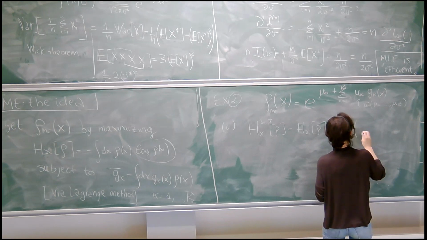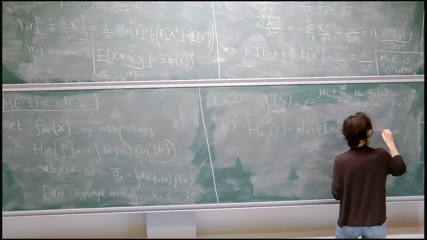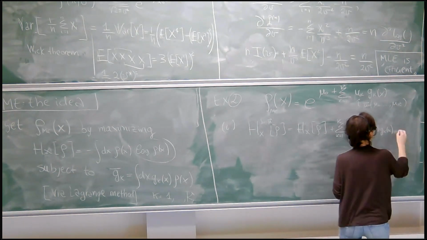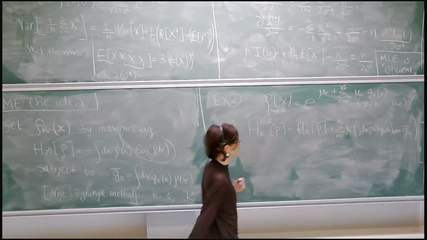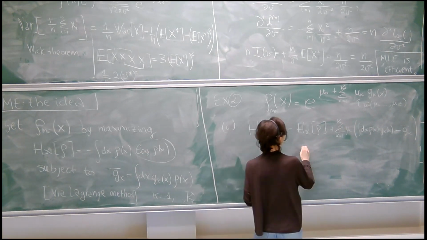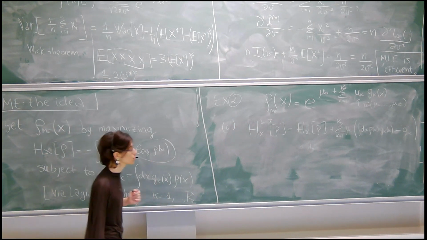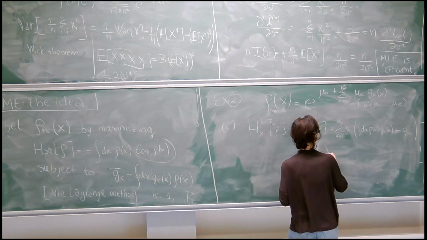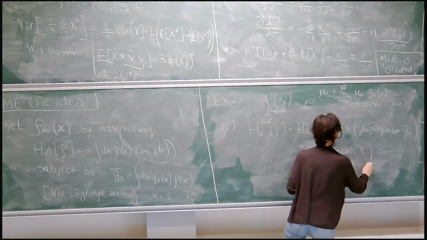And what you want to enforce is that the average of your functions take the given value that you are given as input. And you have an extra constraint, which I impose with a multiplier lambda 0, which is that you want your distribution to be normalized. So you want that the integral of dx rho of x is equal to 1.